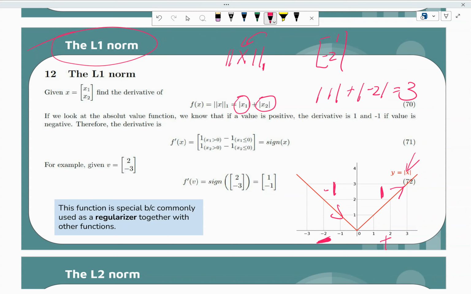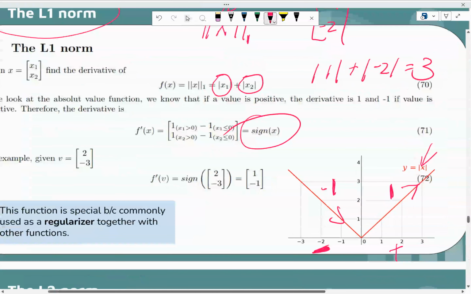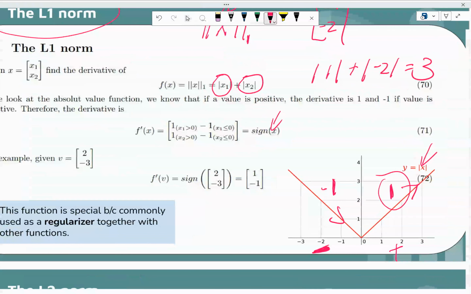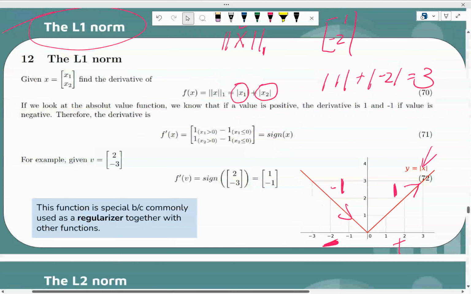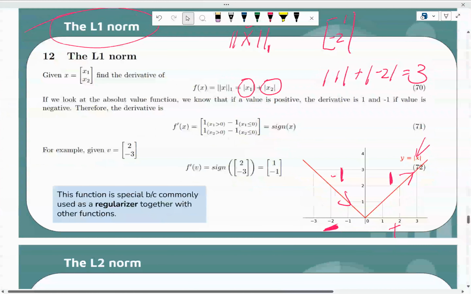So if it's just 1 or -1, there's a very special function that represents this, which is called sign. Basically, if you plug in a positive number, it gives you 1, and if it's a negative number, it gives you -1. So whatever we just described is literally the sign function as it's defined. Therefore, the derivative with respect to x1 is sign of x1, like this.